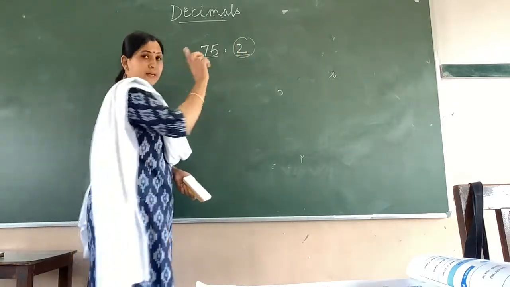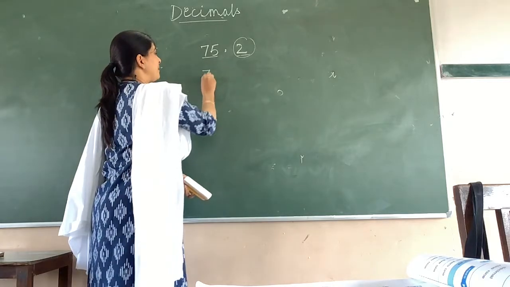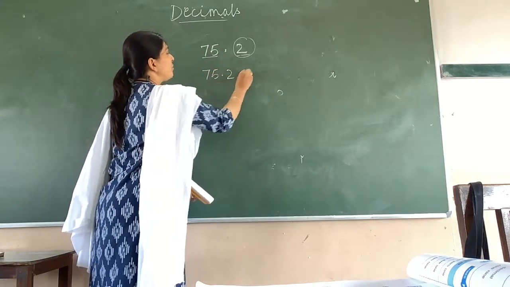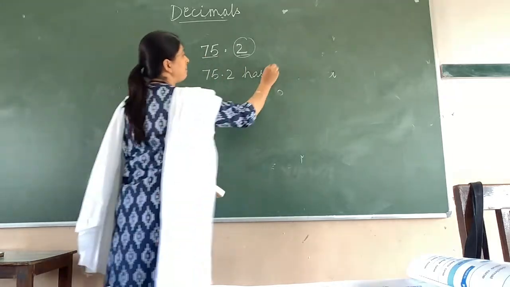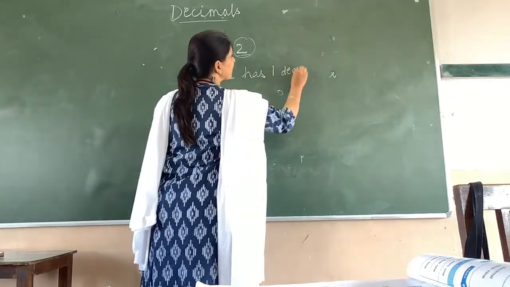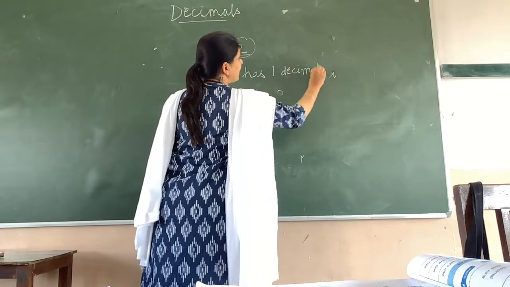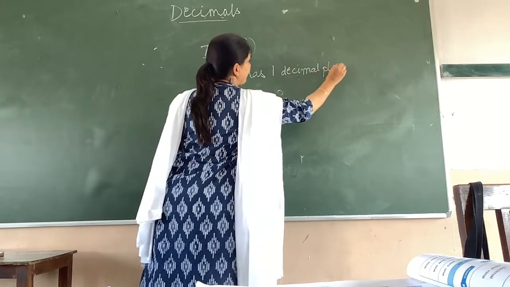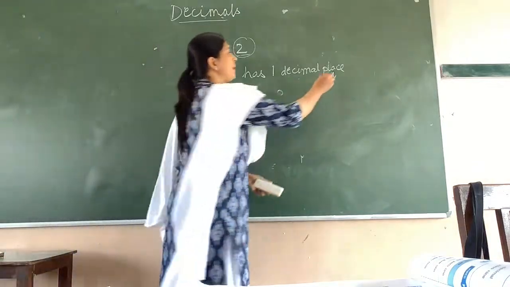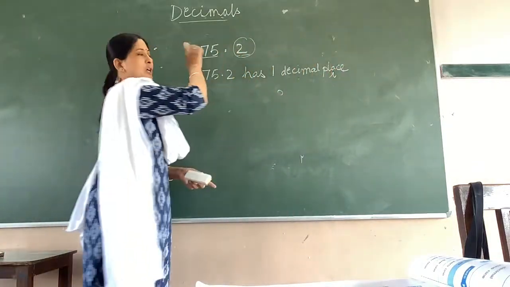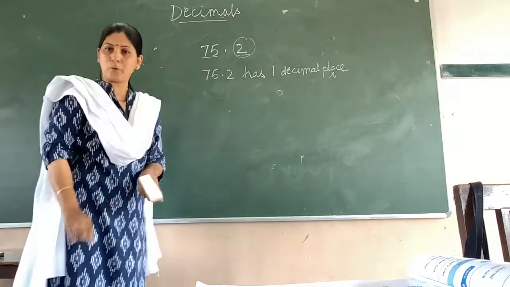So the decimal number 75.2 has one decimal place. Why does 75.2 have one decimal place? Because there is one digit after the decimal point.